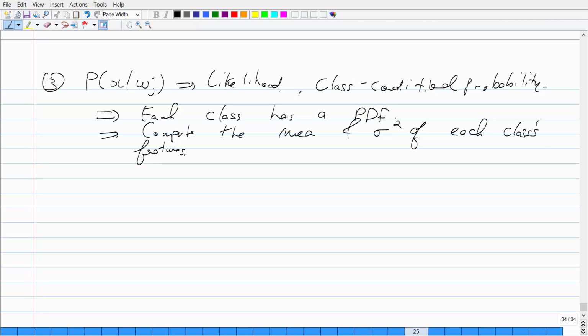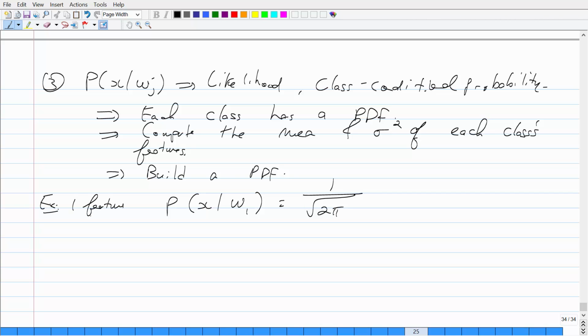And then what you do is you build a PDF. So for example, you would have something like this. Let's say the probability of belonging to class 1 would be this one. This is, let's assume, one feature.